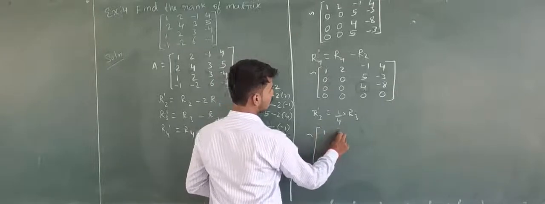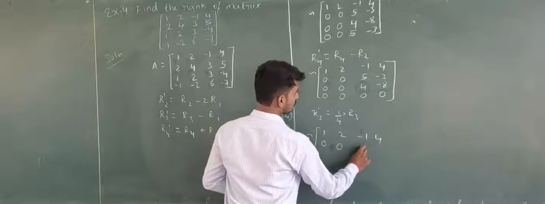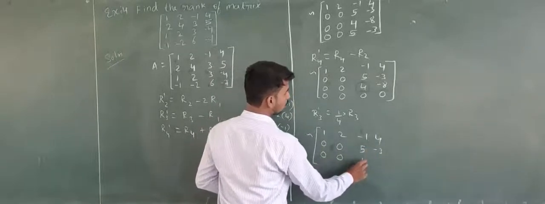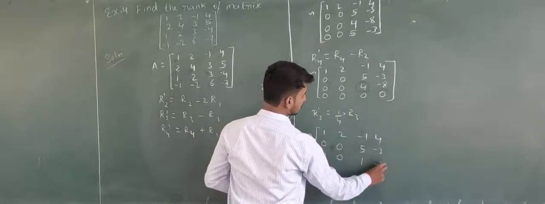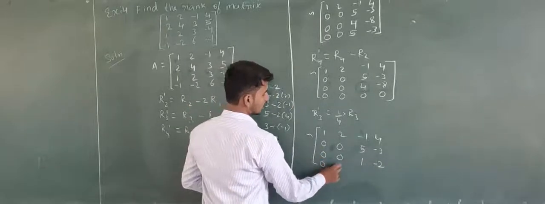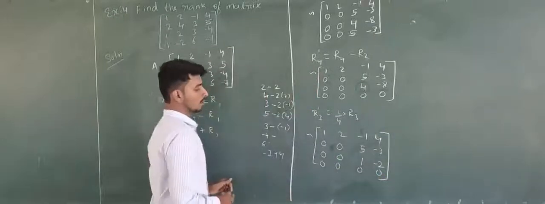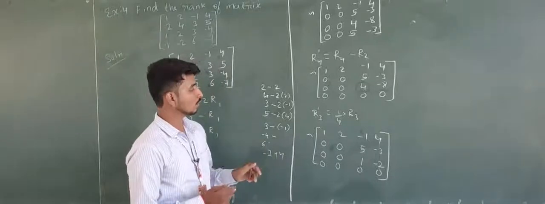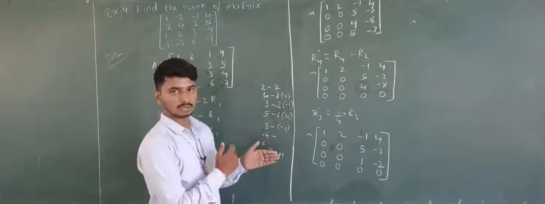So it will be 1, 2, minus 1, 4; 0, 0, 5, minus 3; 0, 0, 1, and minus 8 by 4, that is minus 2. Next, the last row will be 0. So now we have to make this 0. First we will interchange row 2 with row 3.